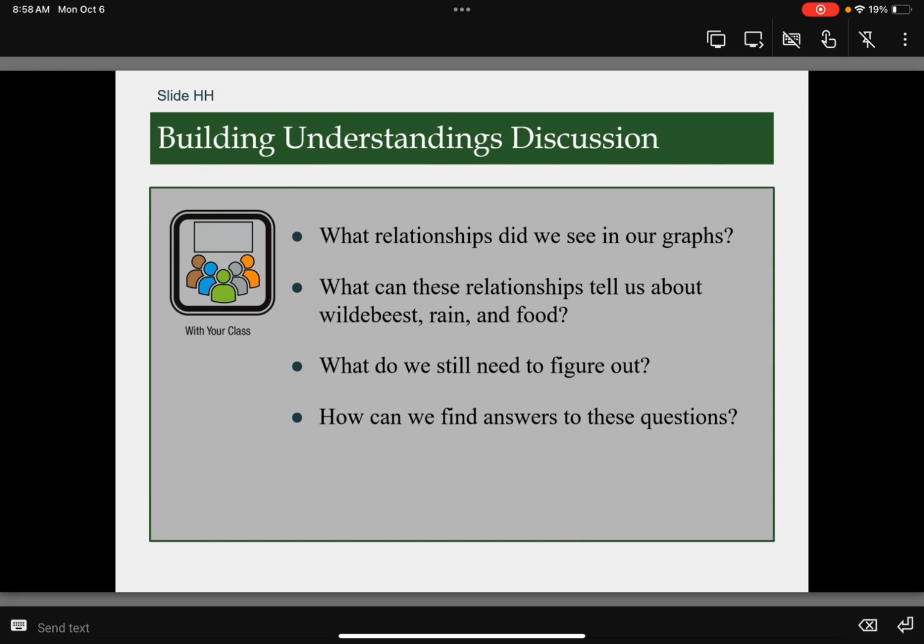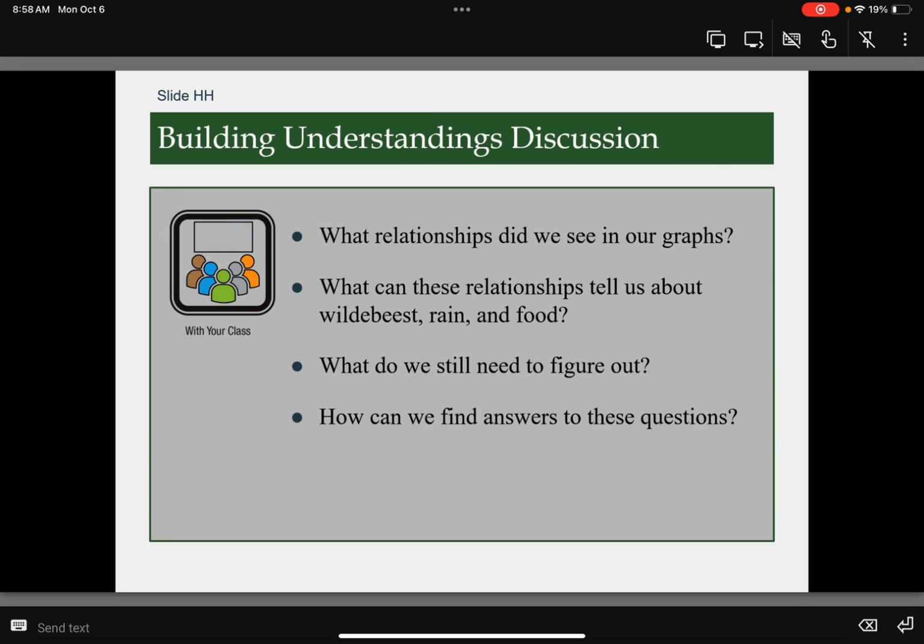Go back to page 37. And just discuss these questions, jot down some notes there about those three graphs that we looked at, the one graph with the three different bits of information.